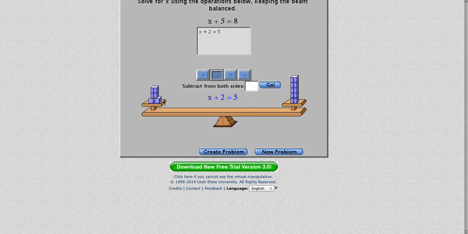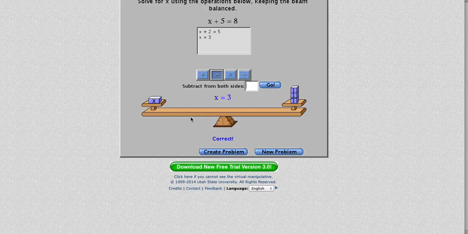It's still going to be the same, but look what happens. Okay, the x is not isolated. So our objective is to isolate x and make sure it's all by itself on the left side. Okay, so we subtract 2 more, and that makes our answer x is equal to 3.